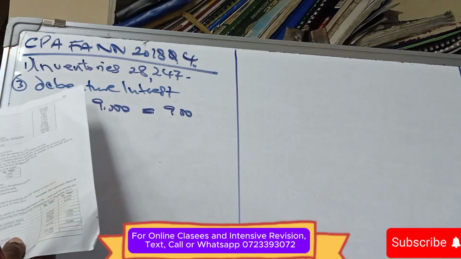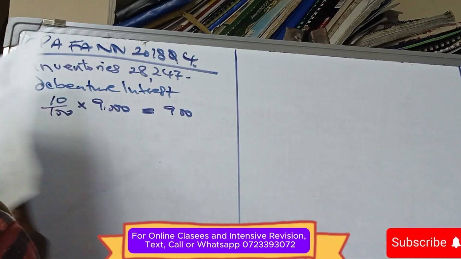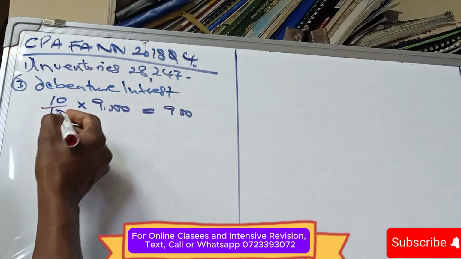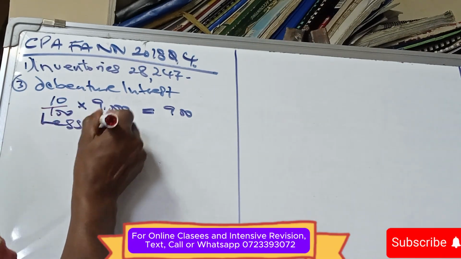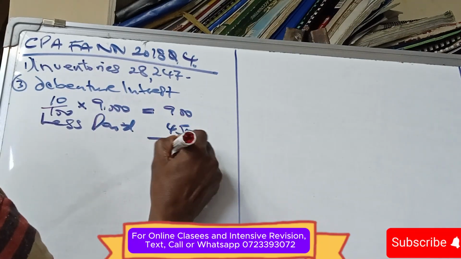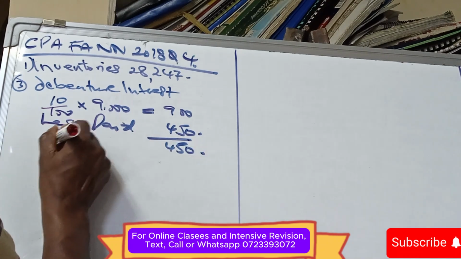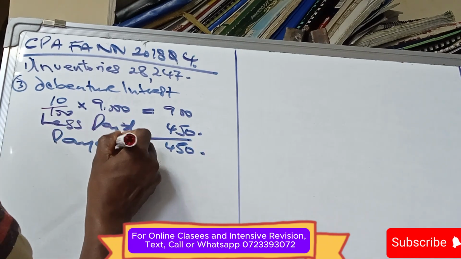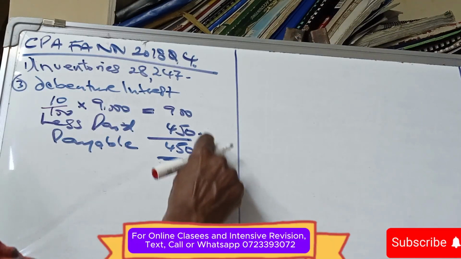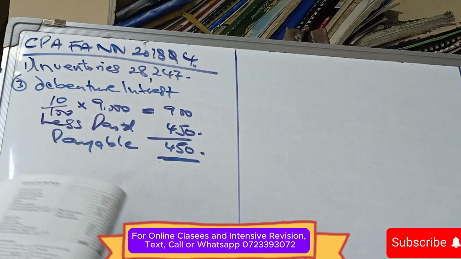The debenture interest is 900, and we are told in the trial balance that debenture interest paid is 450. Less paid 450, and therefore the debenture interest payable is 450. This is a current liability in the balance sheet, and this is an expense in the income statement.